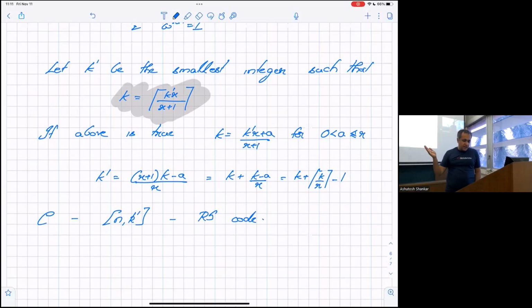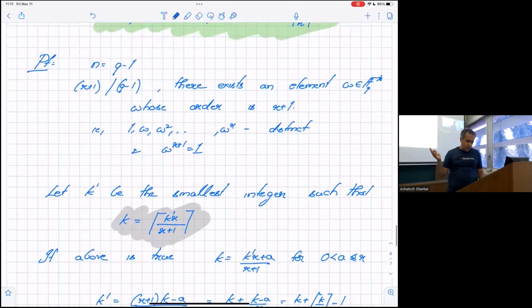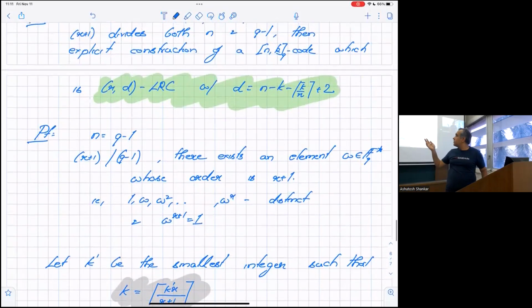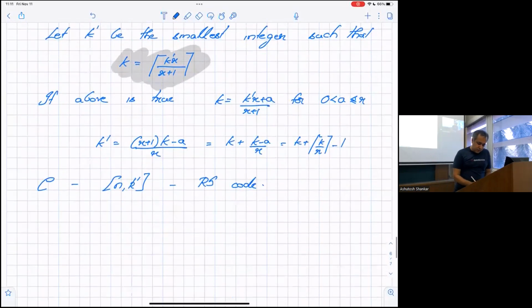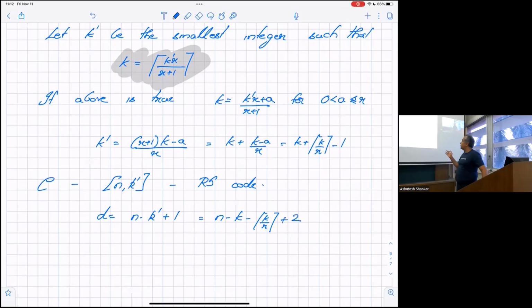By definition, it has the required distance that I wanted, because the distance of a Reed-Solomon code is n minus K prime plus 1, minus 1. So what is that? That is n minus K minus K by R plus 2. So the distance of this code has this feature.